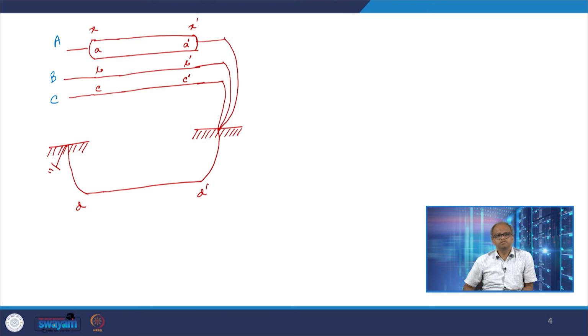Now because conductors X and A are in parallel, I can write down that Vx is equal to Va, or in other words Vx minus Va is equal to 0.